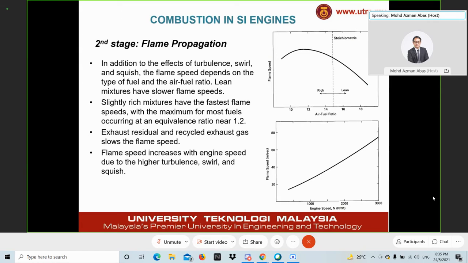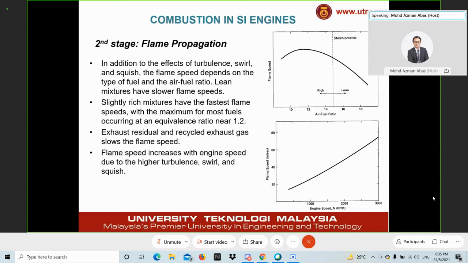In addition to the effects of turbulence, swirl and squish on certain engines by design, the flame speed depends on the type of fuel and also the air fuel ratio. Lean mixtures have slower flame speeds, which is why in order for you to have slightly more power, you would actually have a slightly richer air fuel mixture.